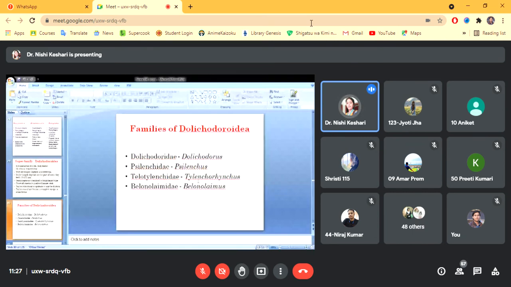Whenever you pronounce Tylenchorhynchus, some may pronounce ch as in 'chair'. So don't pronounce ch as ch. It is 'k'. Tylenchorhynchus, Belonolaimus, Dolichodorus. They all have different structures and different characteristics.